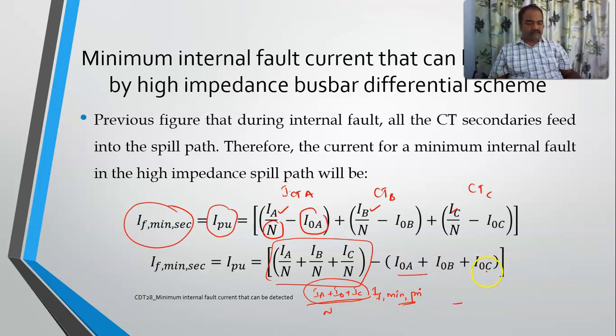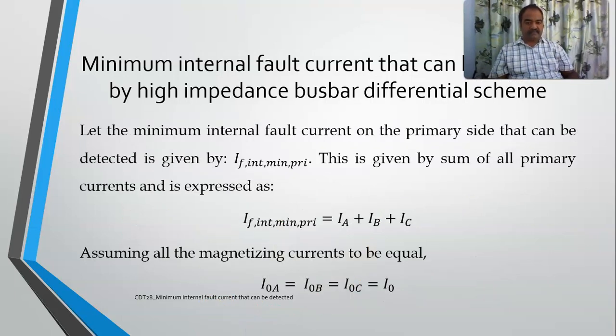Assuming all the three are identical, and if I represent I naught as a magnetizing current, this can be written as 3 I naught. So this is equal to your IPU. IPU is nothing but V setting by R stabilizing, isn't it?